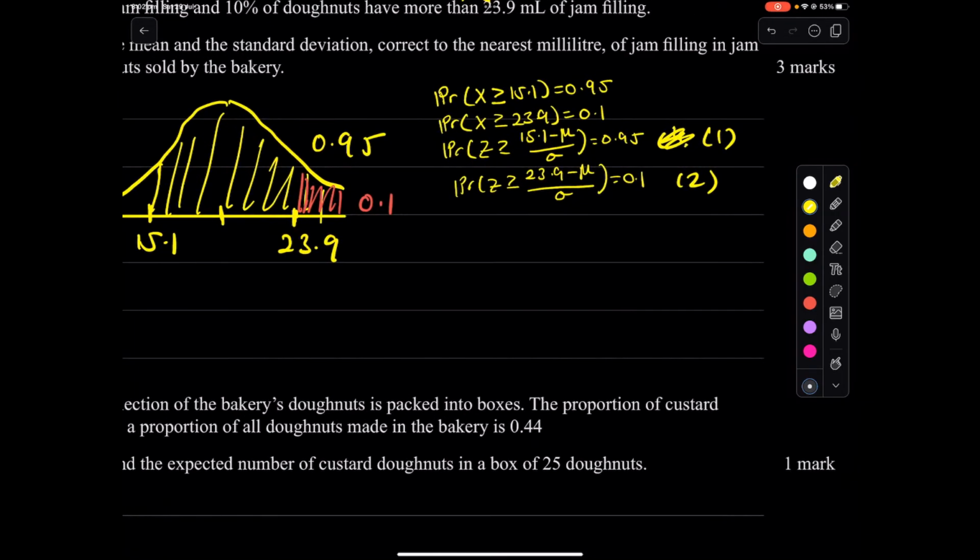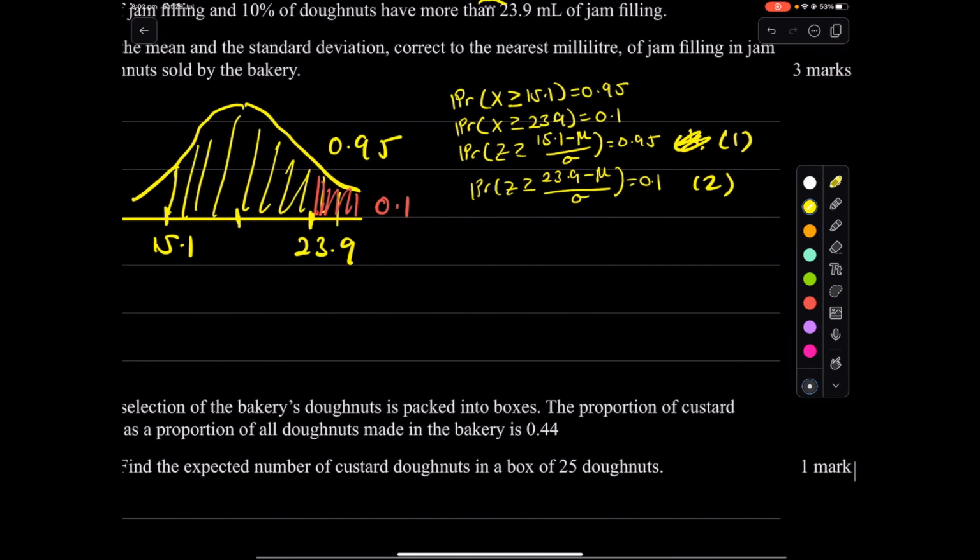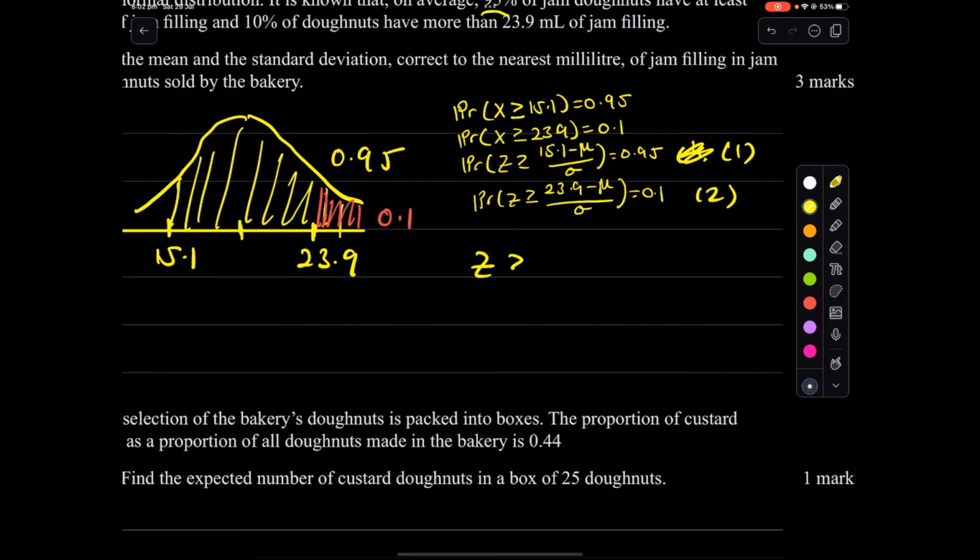So what can we do? We can write Z is greater or equal to 15.1 minus the mean over the standard deviation.